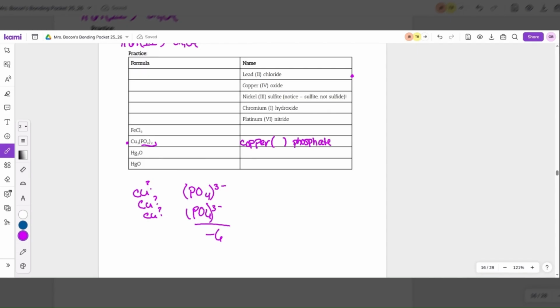This is a -6. This, therefore, has to be a +6. There are 3 of them. The only way to get a +6 when I have 3 of something is for it to be +2, +2, +2, because I'm asking myself what times 3 will get me to +6.